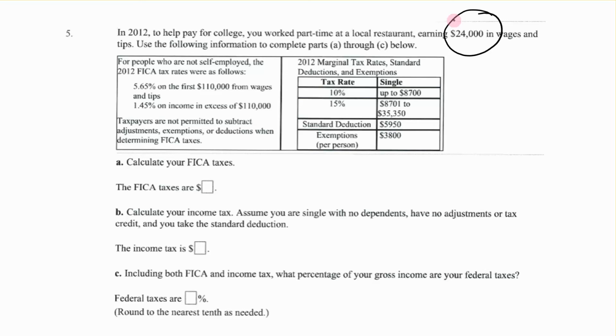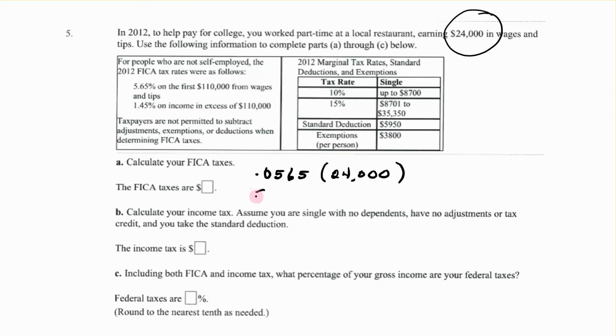FICA taxes, and she didn't have any adjustments, so her FICA taxes, according to the chart over here, 5.65% on the first 110,000. Well, she didn't make anywhere close to 110,000, so it is just 0.0565 times 24,000, and I don't add anything onto it because she didn't exceed that 110,000.